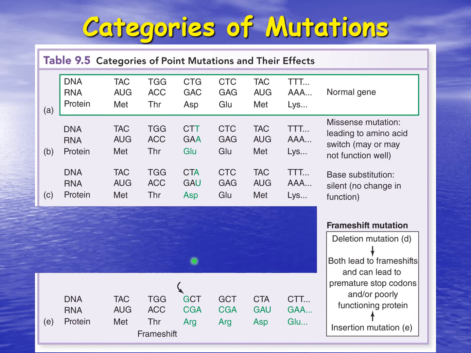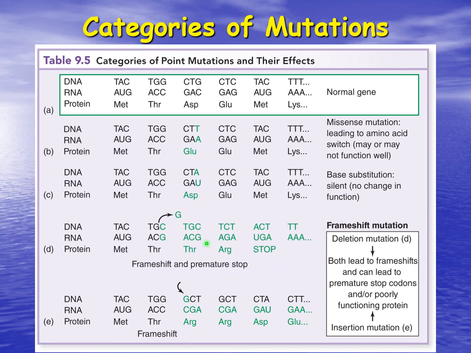So the C is here, now it's in the middle. The T was in the middle, now it's on the end. And this G now starts the next triplet or codon. And so what we'll see is that now we affect every amino acid after the point of mutation. And this is going to then make an entirely different protein that either is not functional at all or functions very poorly.